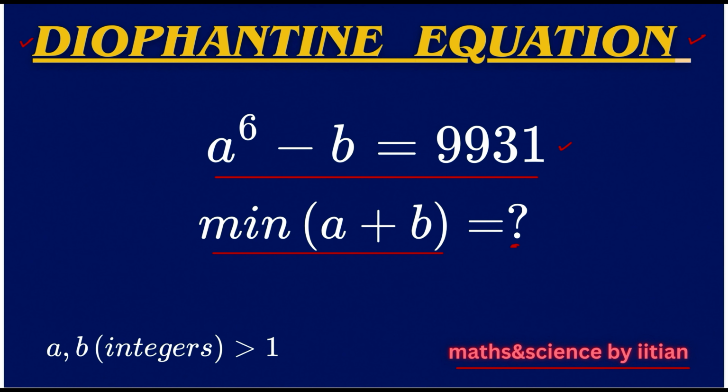From that we can get the minimum value of a plus b. Under what conditions do we get the minimum value? By using the principles of congruence modulo, principles of number theory and also algebra, provided a and b are integers greater than 1. This is the condition.